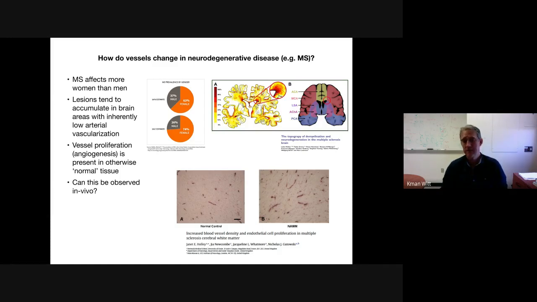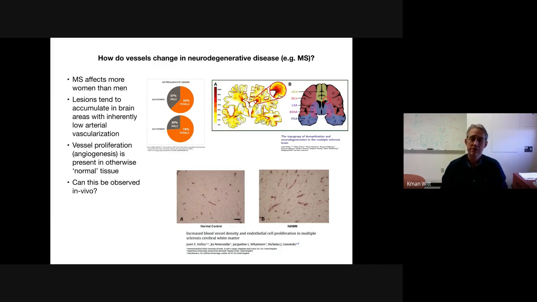Now, for someone like me who comes more from the vascular side, this is quite interesting because we know that these exact same areas are otherwise referred to as vascular watersheds. So these are areas of the brain that inherently, by design, have a low arterial blood supply.